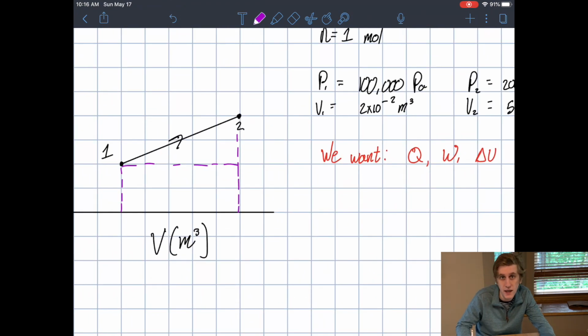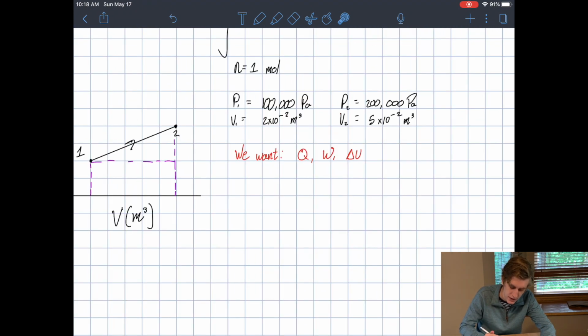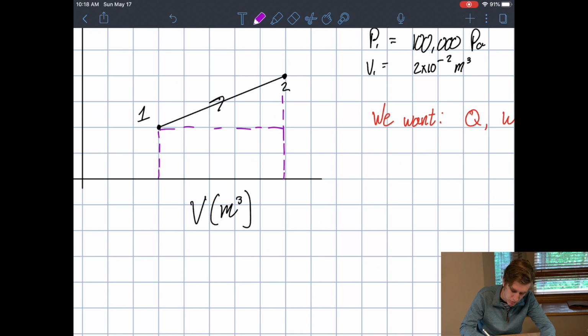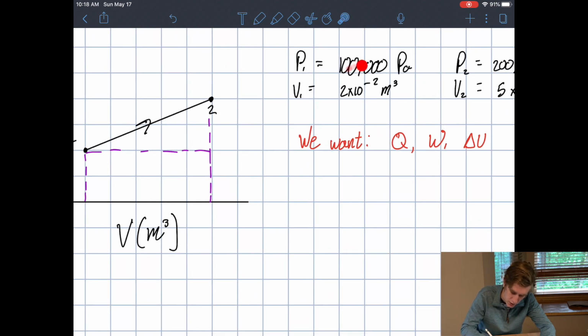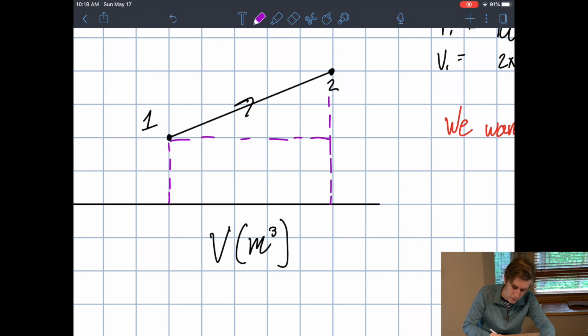The area of the rectangle is just the length of one of its sides times the length of the other side. The quote-unquote height of this rectangle is just equal to the pressure of the gas at this point. I've actually given us some numbers to work with. The pressure at that point is 100,000 pascals. And the width of this rectangle is just the difference in volume between this point and this point.